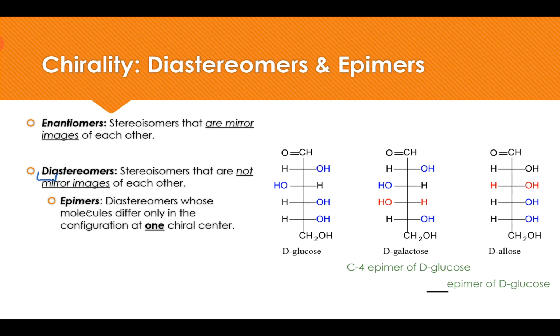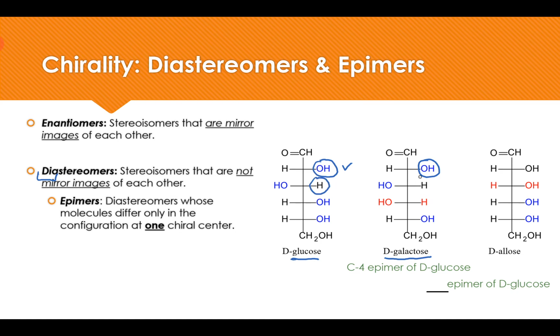A special subset of diastereomers are epimers. Epimers are diastereomers who only differ in the configuration of one chiral center. So for instance here, let's look at the difference between glucose and galactose. If I skim my eye down this side, I see that that has an OH on the right, that has an OH on the right, so that's the same.